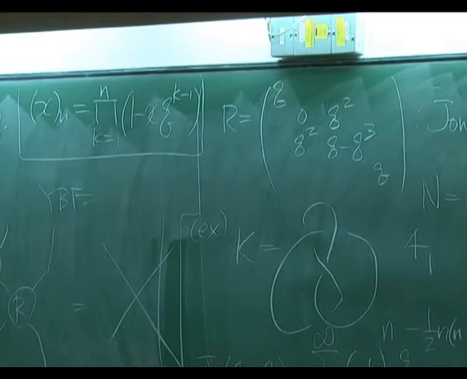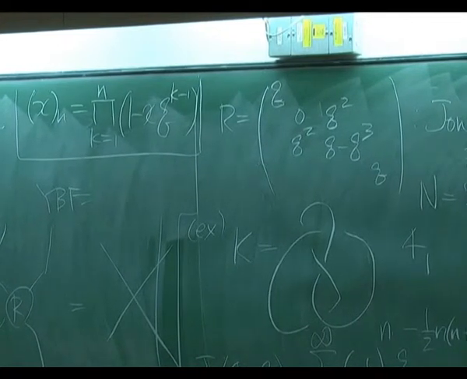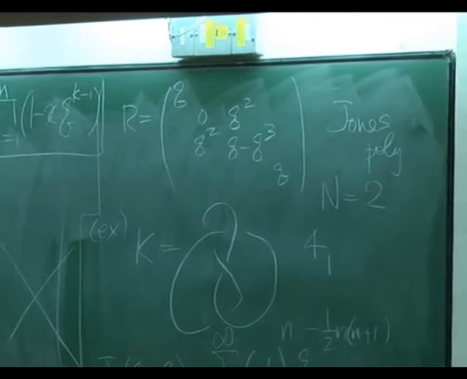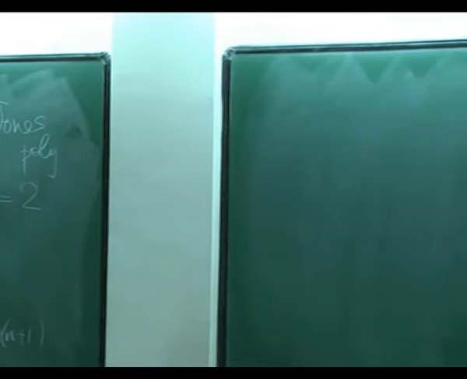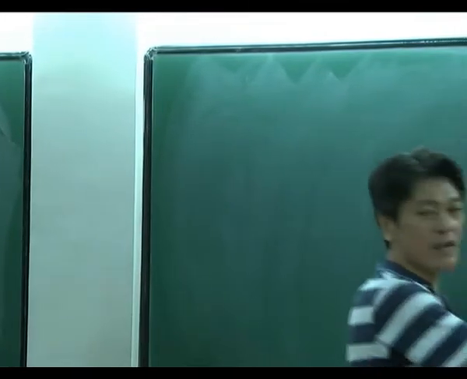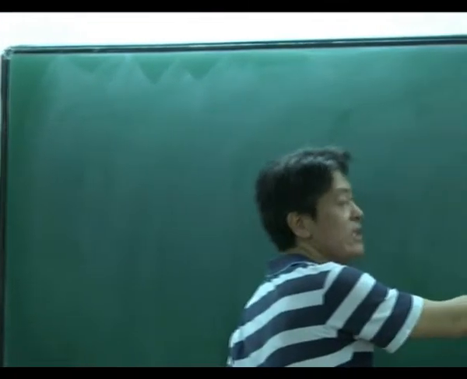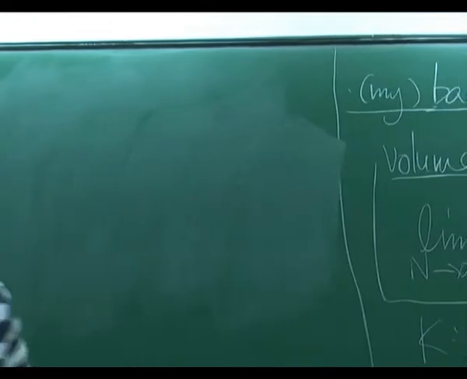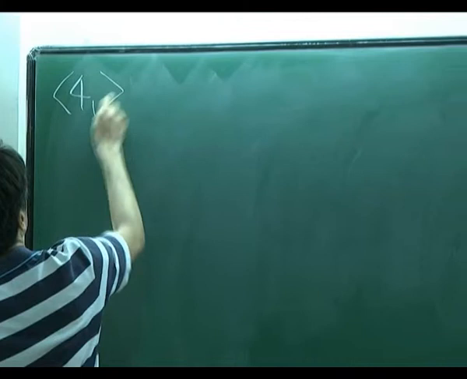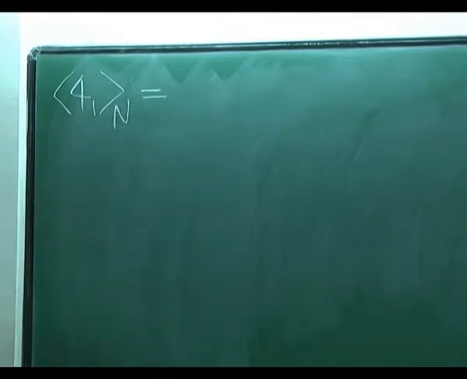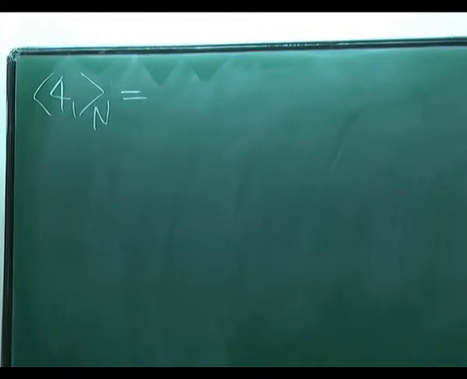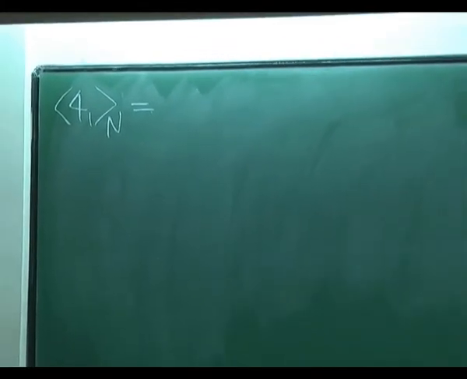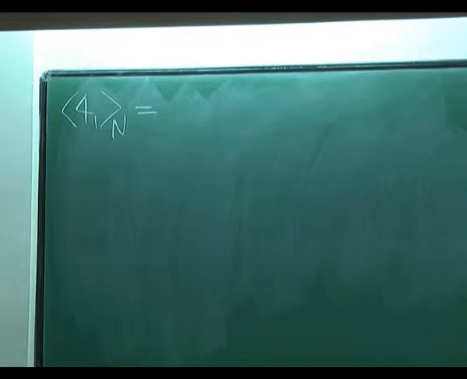Okay, to see the meaning of the volume conjecture, although I do not explain the meaning of the right hand side, anyway, we compute the left hand side. So the Kashaev invariant is a special value of the colored Jones polynomial. So we substitute q to the nth root of unity.